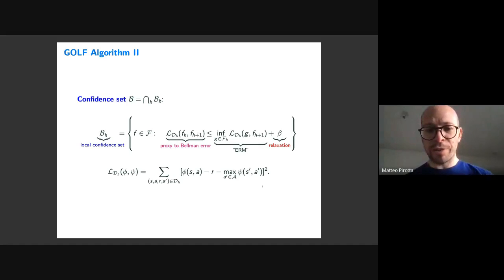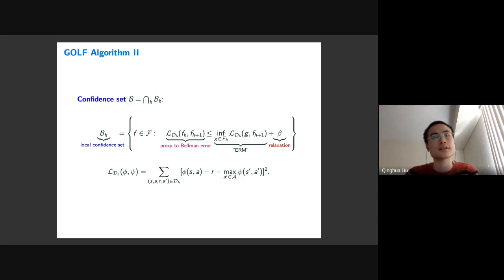Maybe a quick question about this step. Here you're able to build the confidence set based on relative performance because you have realizability? Or is it independent from that? I think this confidence set needs to utilize completeness.